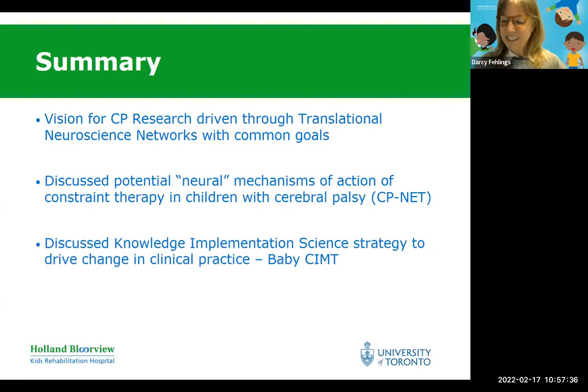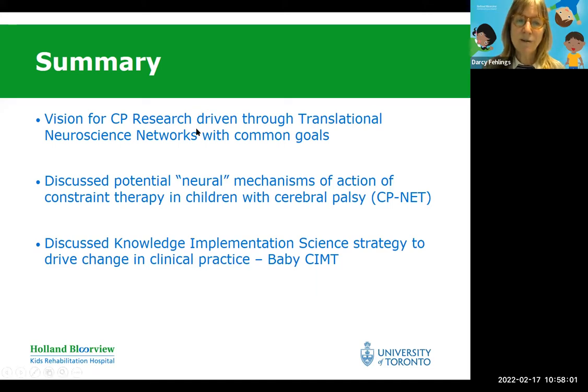So in summary, I've presented a vision for CP research driven through translational neuroscience networks with a powerful setting of common goals. I think that really helps to move a system of research forward to make a difference to clinical practice more quickly.